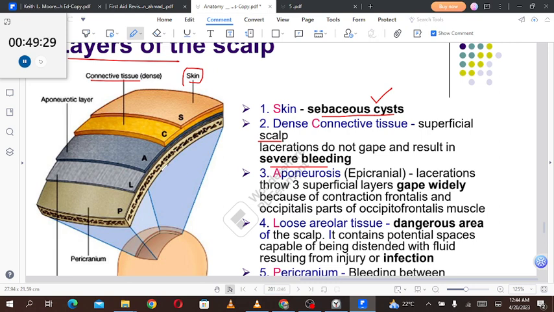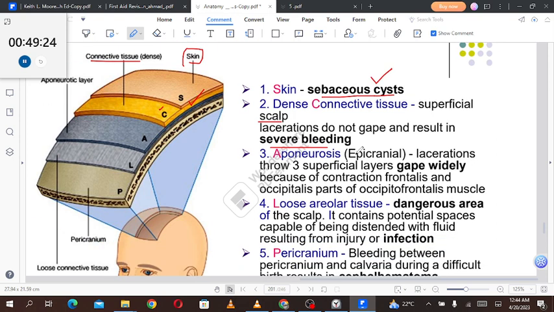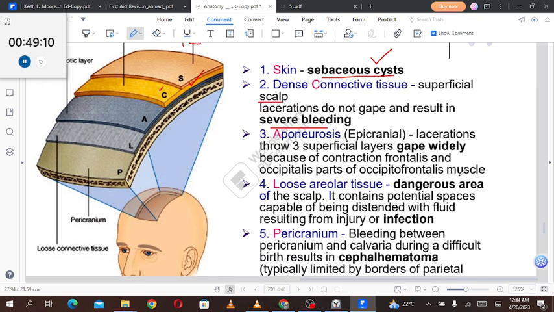Point number three is aponeurosis, after the skin and connective tissue. Epicranial lacerations through the three superficial layers, like skin, connective tissue and the aponeurosis, will gape widely because of contraction of the frontalis and the occipital part of the occipitofrontalis muscle.